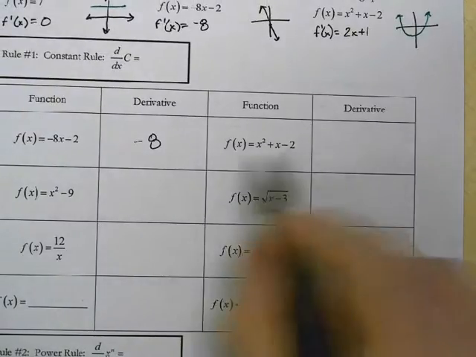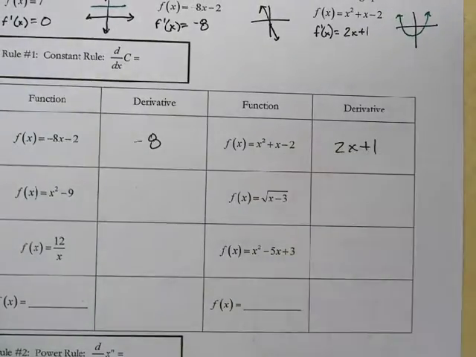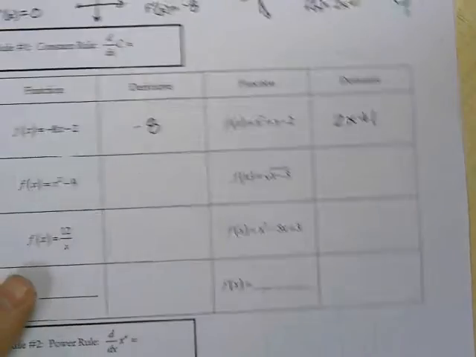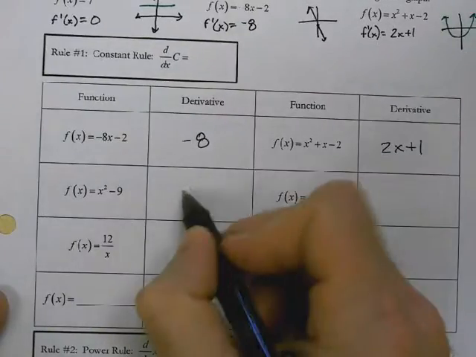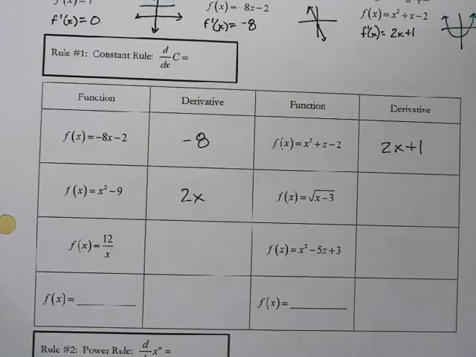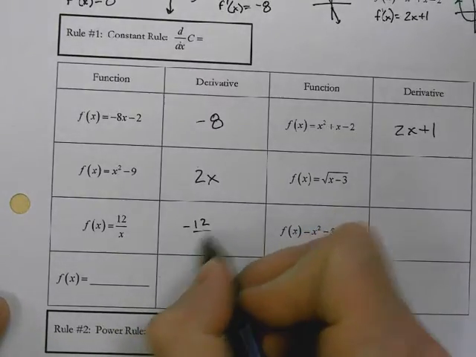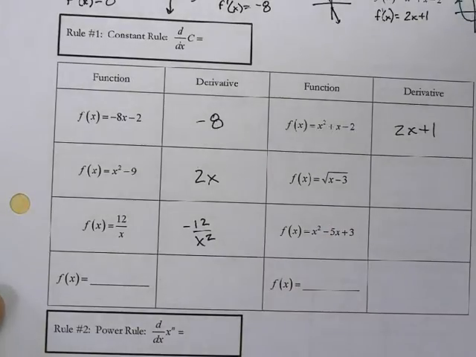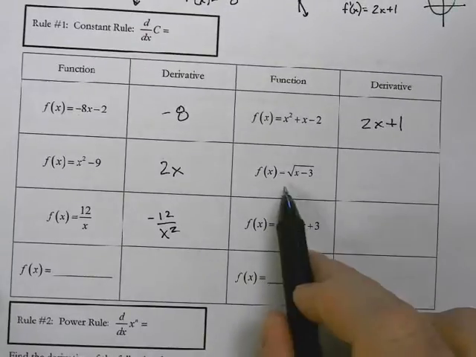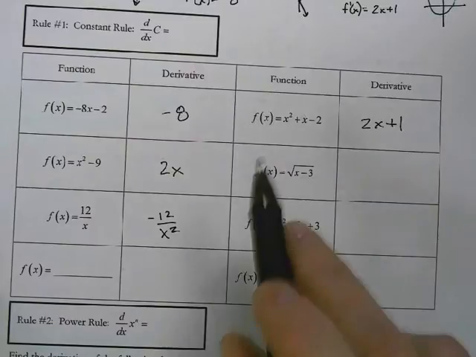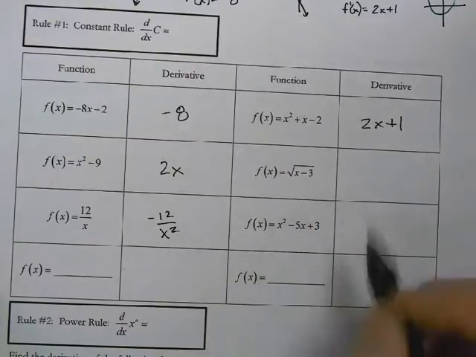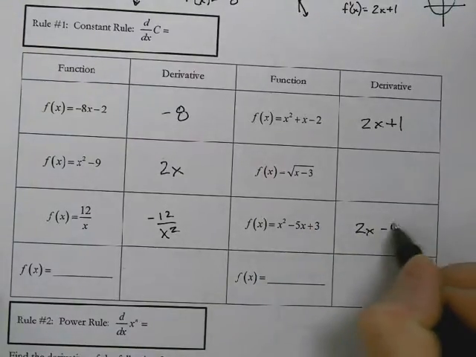This was from 2-1 example, 2x plus 1. This was from a worksheet, derivative's 2x. This was the one that Jackson was asking about. This is -12 over x squared. I'm going to skip this square root of x plus x minus 3 for just a second. This one right here is 2x minus 5.